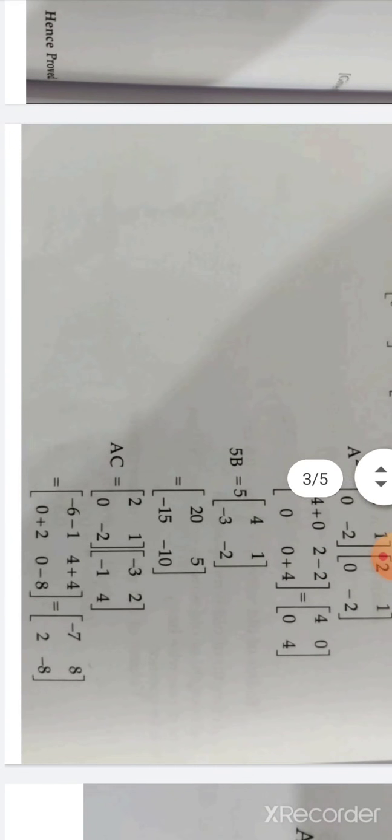So we have the A square value 4, 0, 0, 4. Now 5B: multiplying 5 with matrix B, which is 4, 1, minus 3, minus 2, we get 20, 5, minus 15, minus 10.